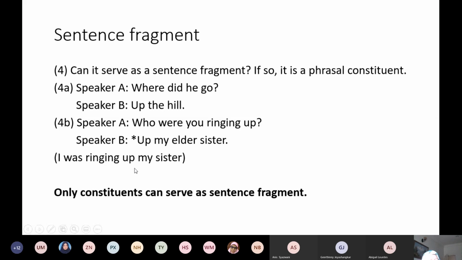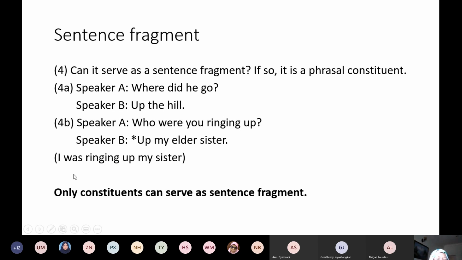So in actual fact, up my elder sister is not a constituent. Because this is another ambiguous case where actually it is ringing up. Ringing up is a phrasal verb, right? Like just now. So ring up is more with ringing than with sister. Although it's a verb and a particle, it acts as a verb, a verbal component.